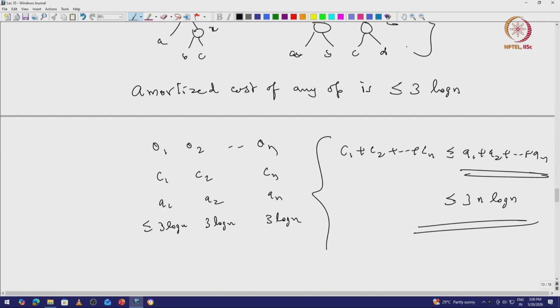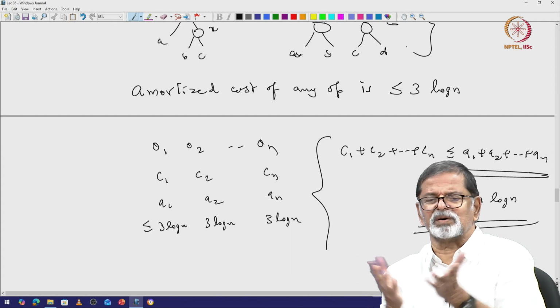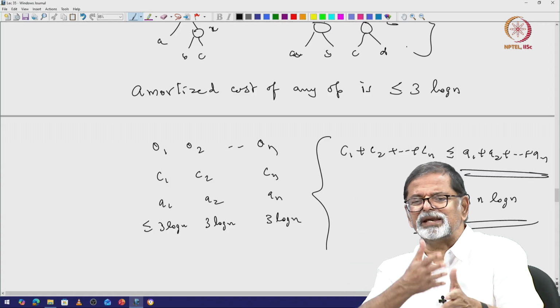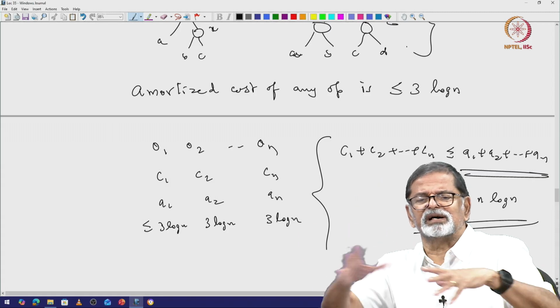The actual cost C1, C2, C1 can be anything, C2 can be anything, and you have no control over this. It all depends on the current data structure and current operation, and then it could be any value. It is highly fluctuating and arbitrary.